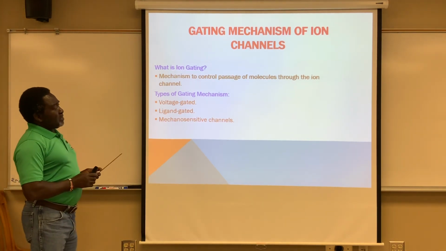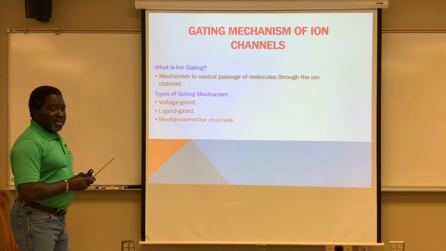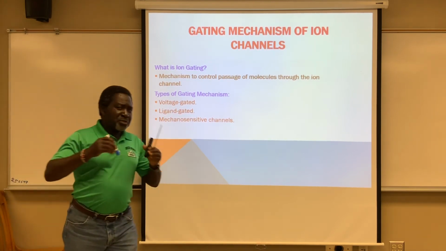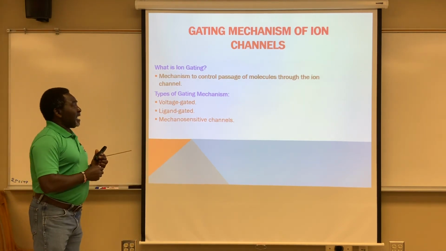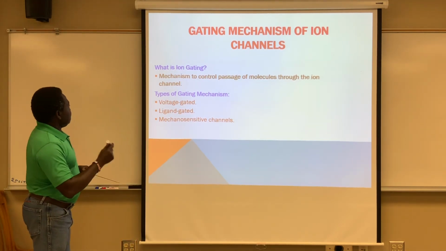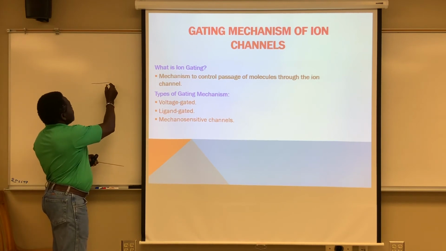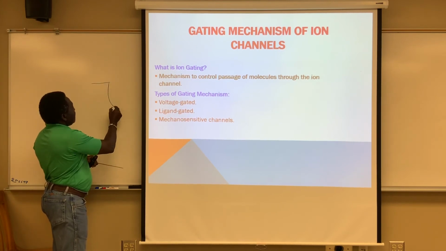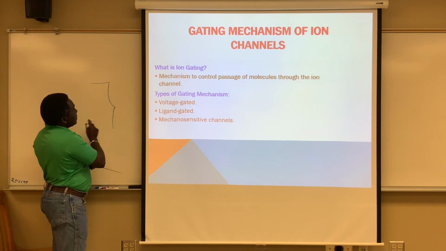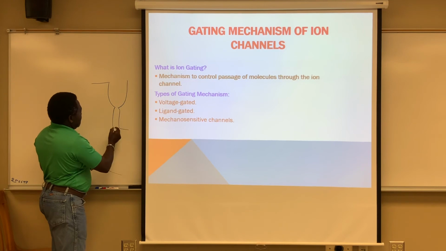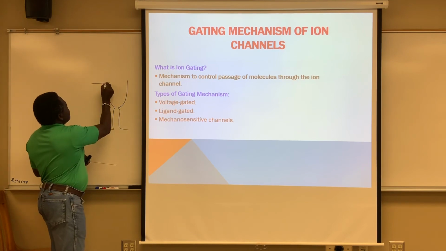Before we can continue, maybe we should put a diagram here, to see how we think about the design of an ion channel. Here is the membrane, and here is the channel. We talked about a central constriction. There is a central constriction.